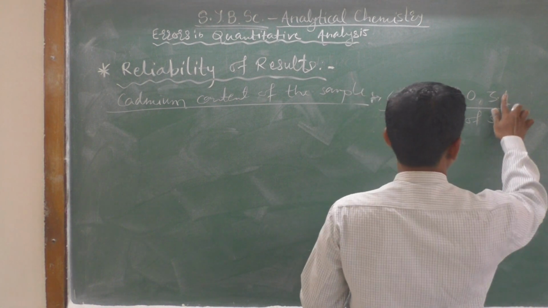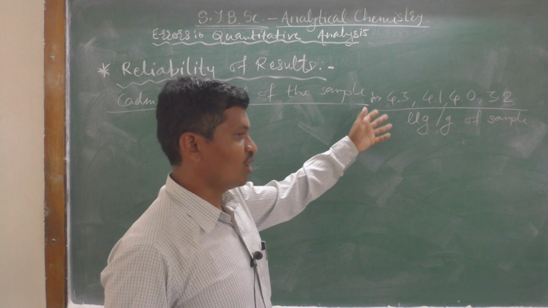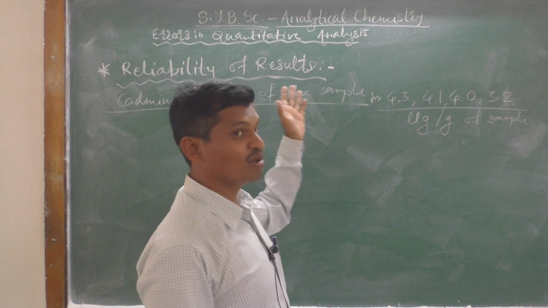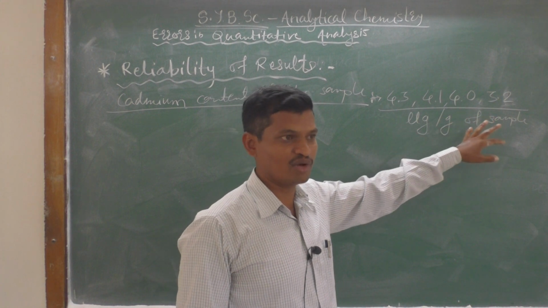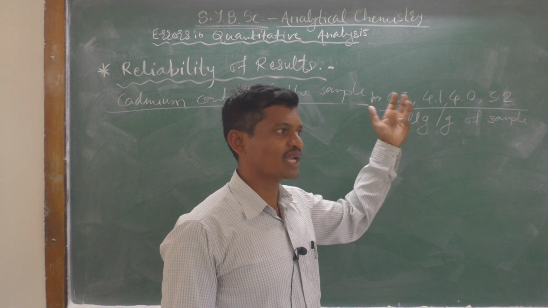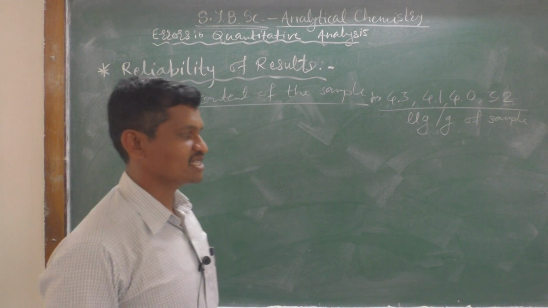Sorry, 3.2. So 4 values are given, and all these values are the cadmium content of the sample, in microgram per gram of the sample. How much microgram of cadmium is present per gram of that sample? These are the analysis results.